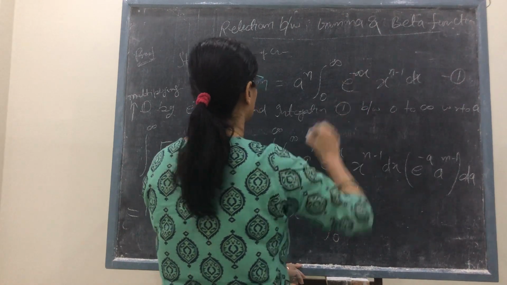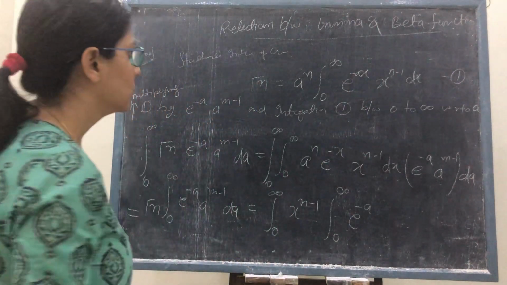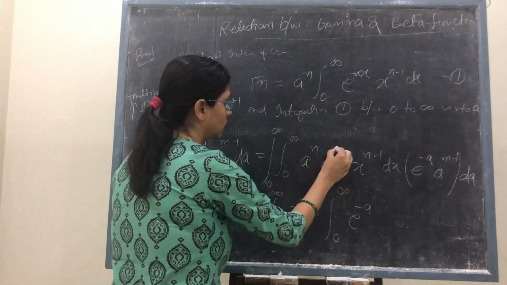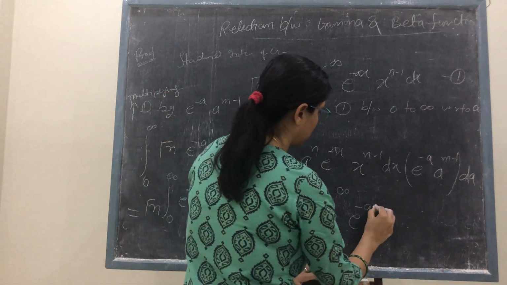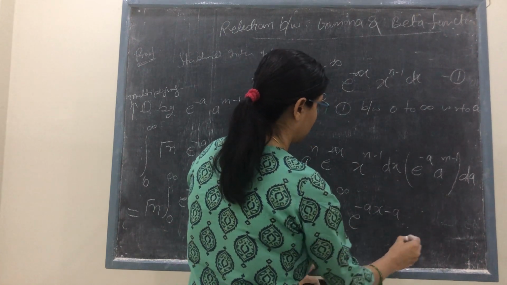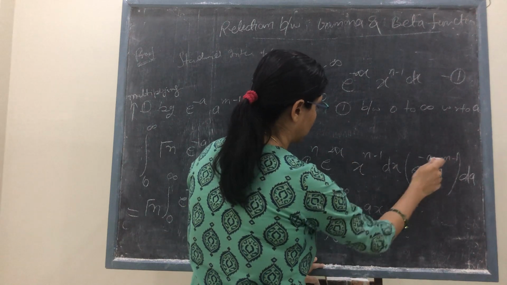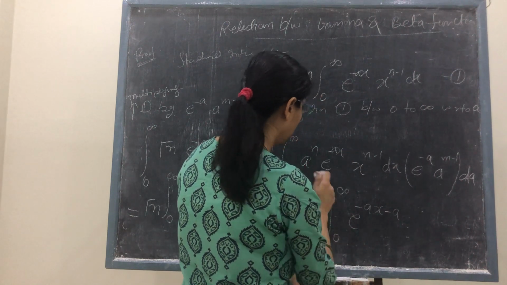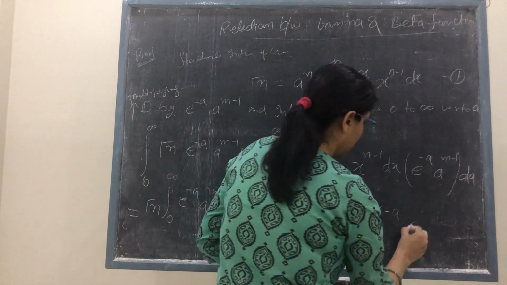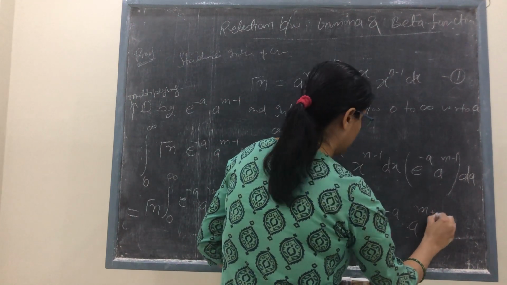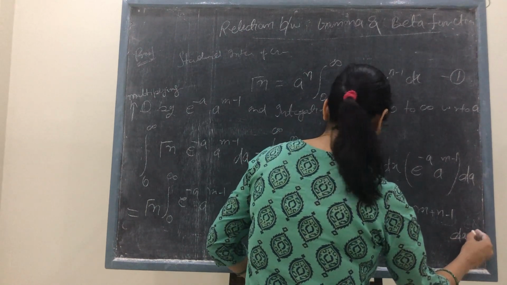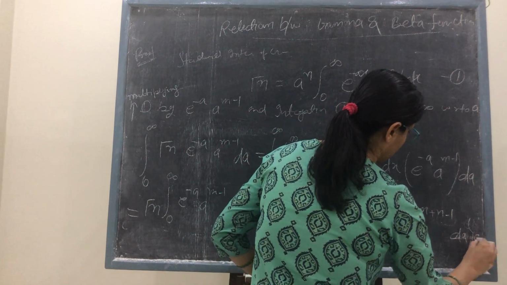Sorry, I just forgot to write a here. This is e raised to the power minus ax, minus a on each side, so e raised to the power minus a(1+x). x raised to the power n minus 1 is outside of the integration sign, a raised to the power m plus n minus 1 d of a and d of x.